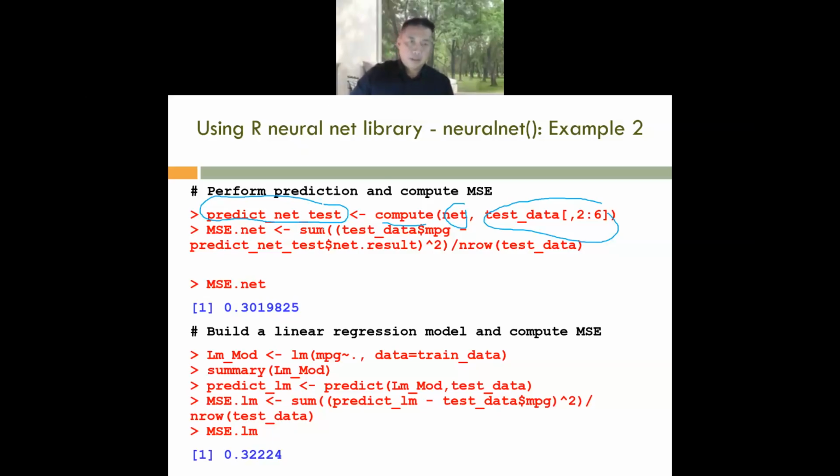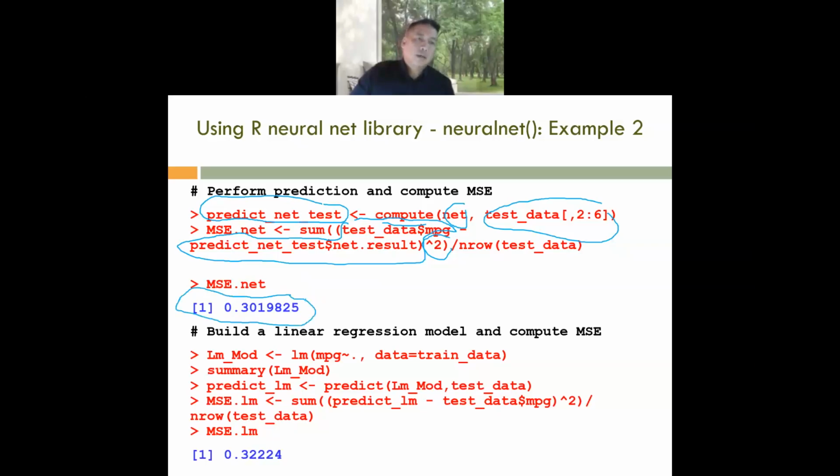The formula here just says that I will take the differences between the actual and the predicted value, take the square, and sum all of them. Then I divide by the number of rows. So the mean square error is this one.